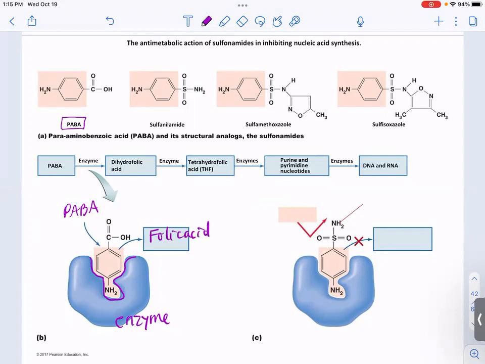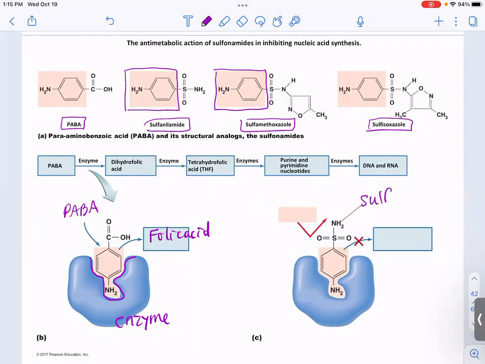Okay, so what if there is a sulfa drug nearby? And again, there's a lot of different ones, but you can see that all the sulfa drugs mimic PABA, they've got that benzene ring, and then the side chains are different. But if a sulfa drug, let's say, is close by, it's going to bind to the active site instead of PABA.